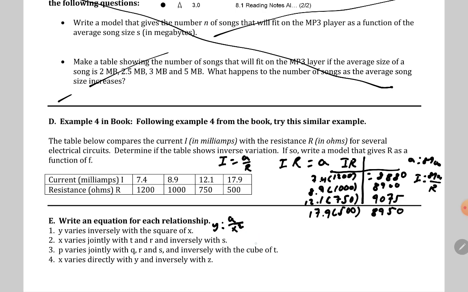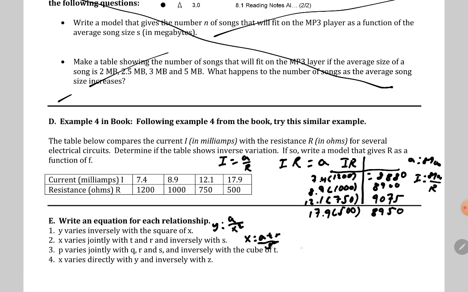Number 2, x varies jointly with t and r. So x equals a t r, and inversely with s. So that means we just put it in the denominator. So if it's either directly or jointly, it goes up top with a. If it's inversely, it goes in the bottom.